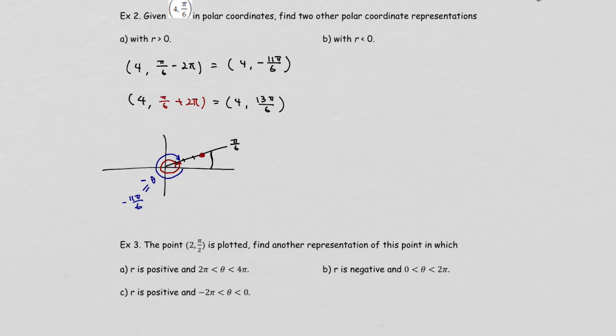Here, they want you to find 2 more polar coordinates, this time with negative r. So negative 4. The same thing, the point we have is here.